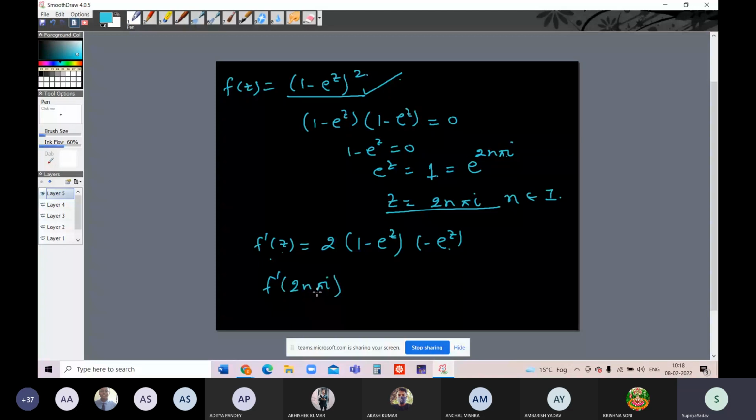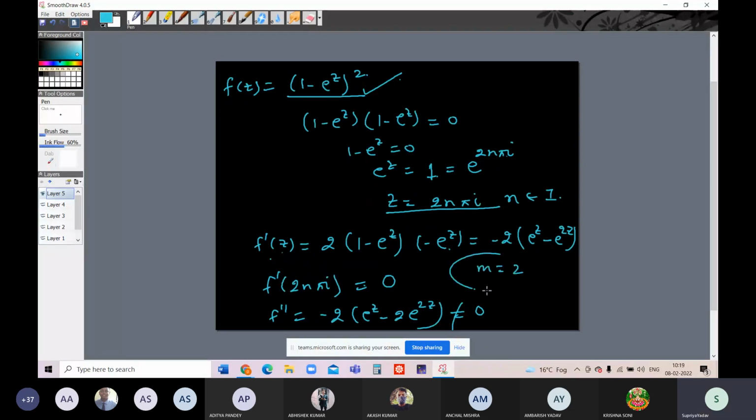But when we take its double derivative, it can be written as minus 2 exponential z plus 2 exponential 2z. This is non-zero at z = 2n pi i. It means that m = 2, the order of this zero will be 2. So it is not a simple zero. z = 2n pi i is a zero of order 2 for this function.